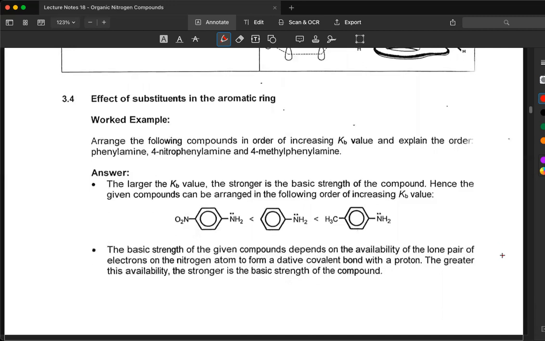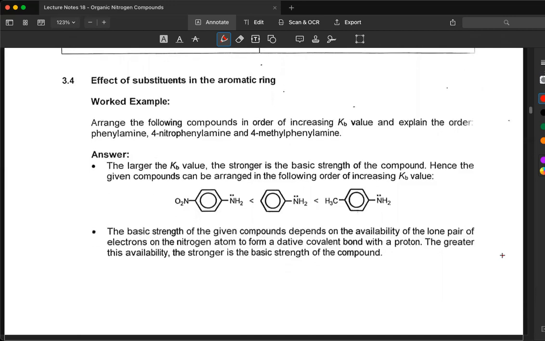Now, arrange the compounds in order of increasing Kb value and explain the order: phenylamine, 4-nitrophenylamine, and 4-methylphenylamine. The larger the Kb value, the stronger is the basic strength. So the given compounds can be arranged in order of increasing Kb value.